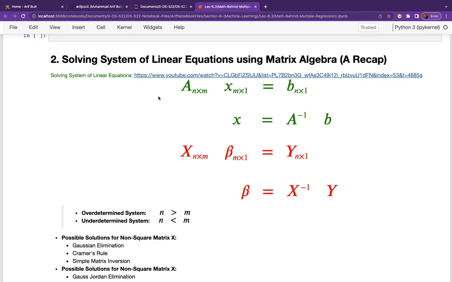Well, most of you must know that linear algebra is a field of mathematics that deals with vectors, matrices, systems of linear equations and linear transformations.